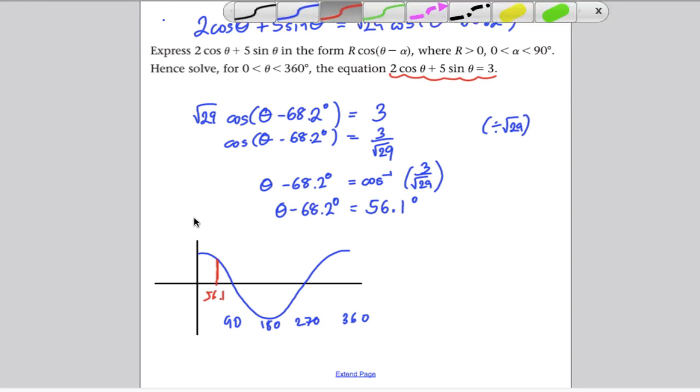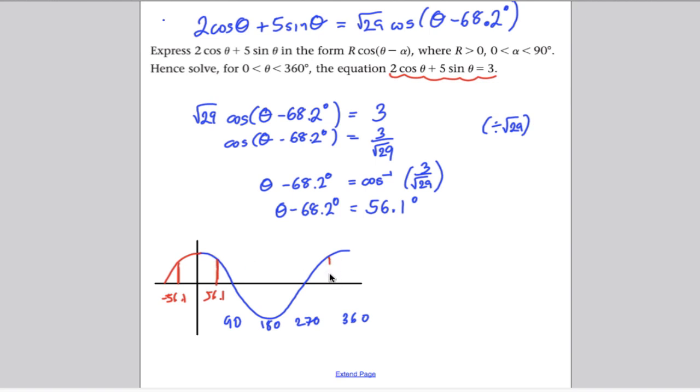Now, we should have continued back this side as well, because there will also be an answer of negative 56.1 here. So I've got an answer of 56.1, negative 56.1, and also this is 56.1 from the top, so this here will be 56.1 back from the top, so 360 minus 56.1, which is 303.9.